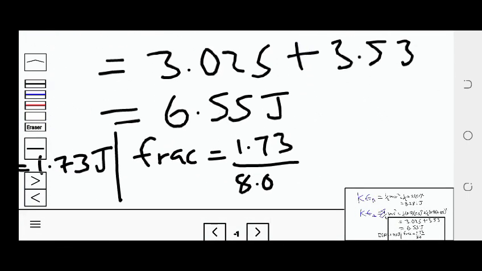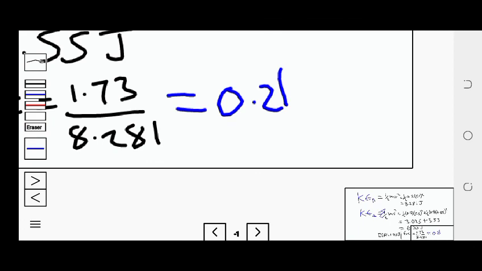Okay. So this is the fraction of what was lost. You can just convert this into a decimal number, giving you 0.21, which is approximately 21%.